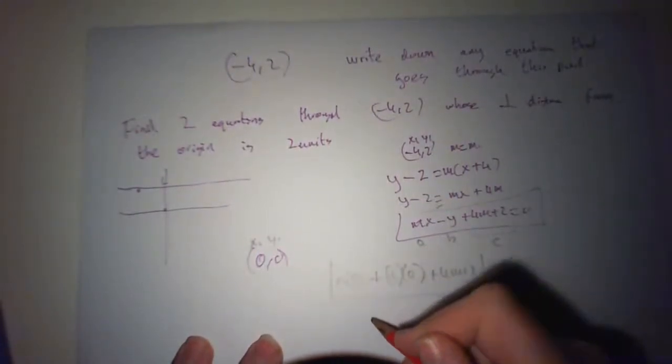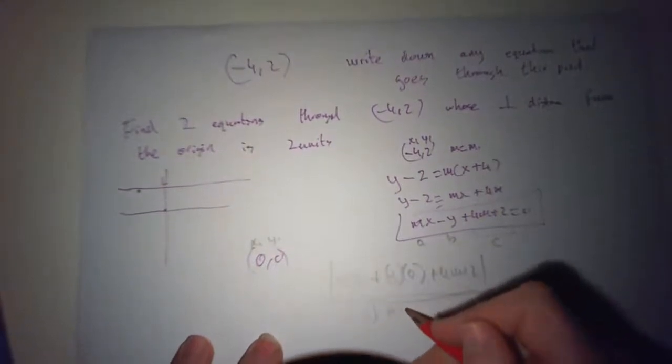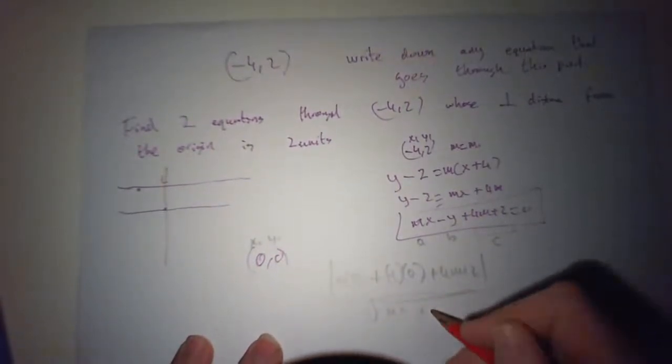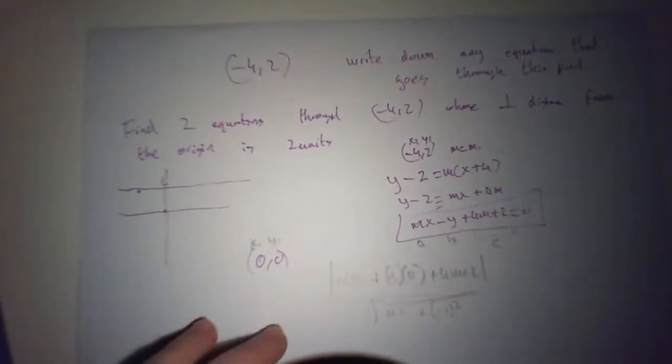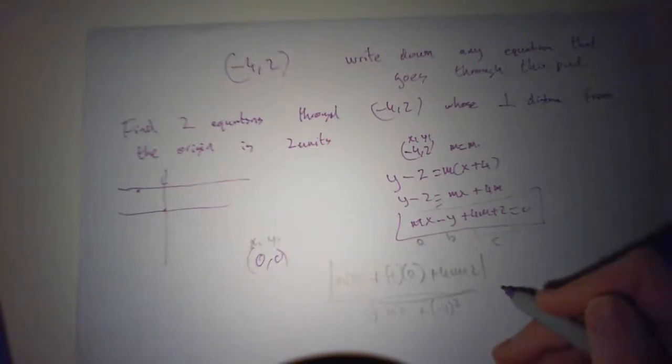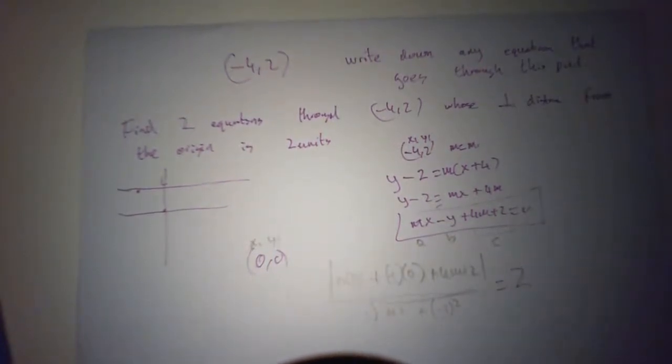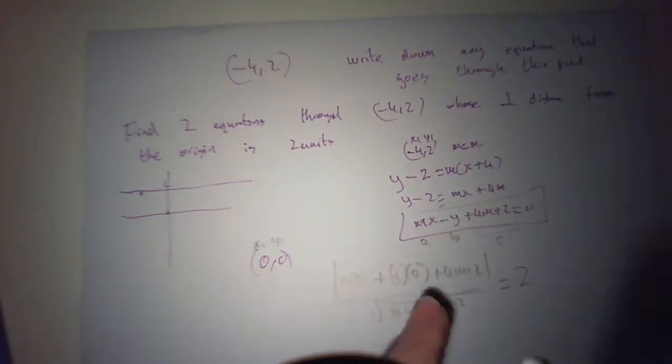So that's the square root of m squared plus minus 1 squared, and that has to be equal to 2. So that's really what we're saying: whatever formula it is, its distance from the origin is 2. We have everything we need apart from really the slope. It's a bit of an unusual one, but we go with it anyway.